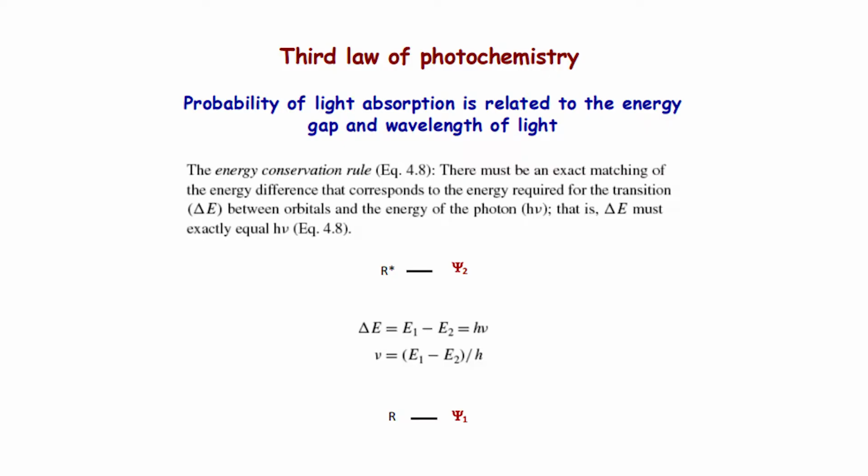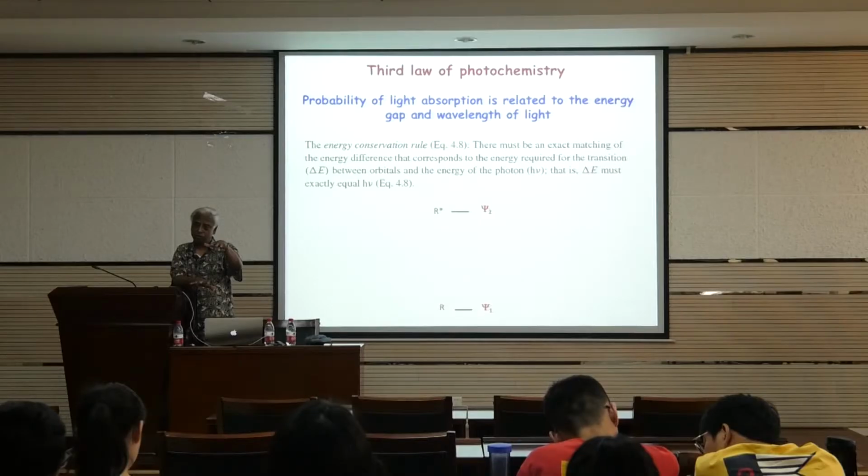So if you pass this light through a compound, through a molecule, whether it is going to absorb or not depends upon the energy gap between the ground state and the excited state. Because when the light is hitting the molecule, it has to absorb it and use it for something. If it is not using it for anything, it will just reflect the light.